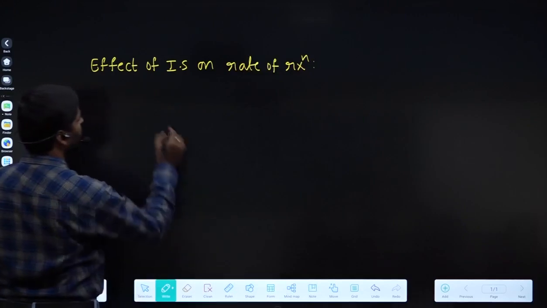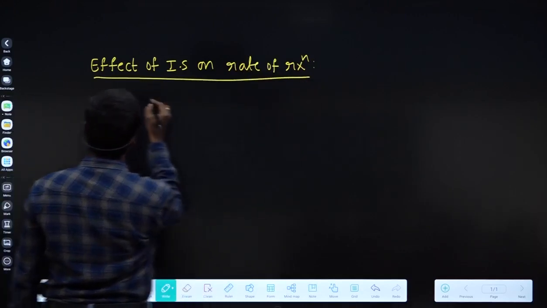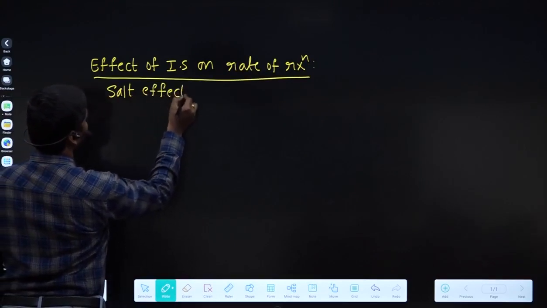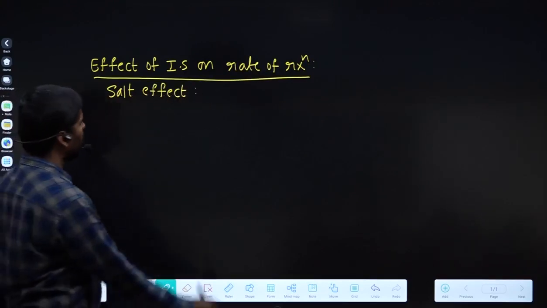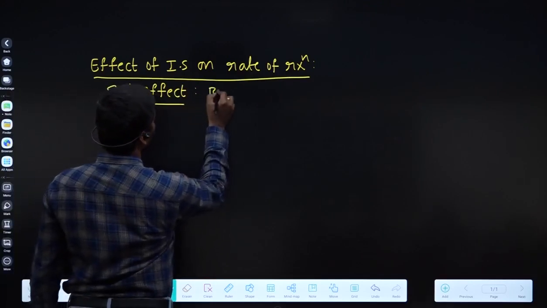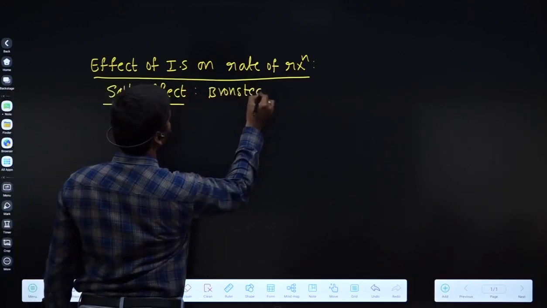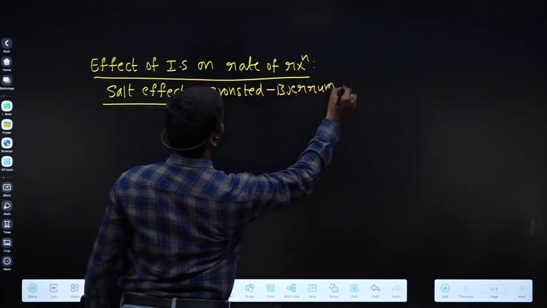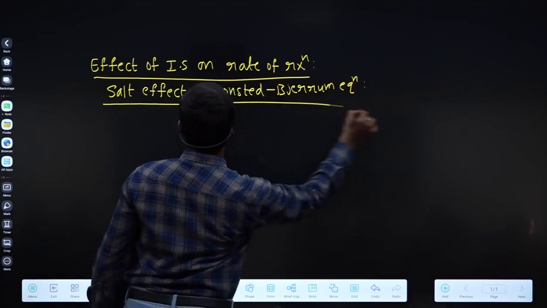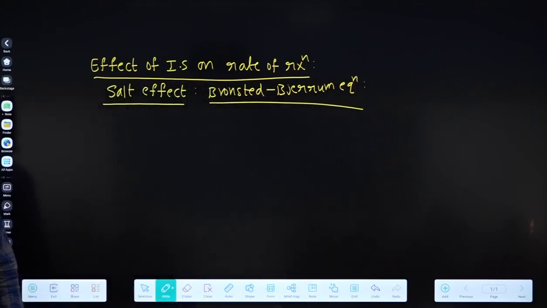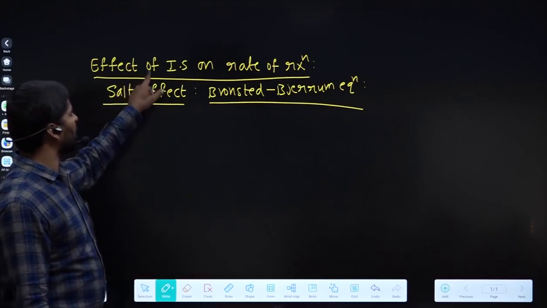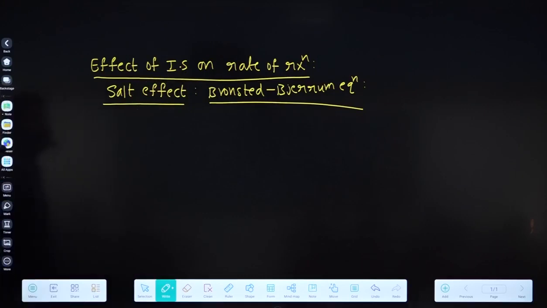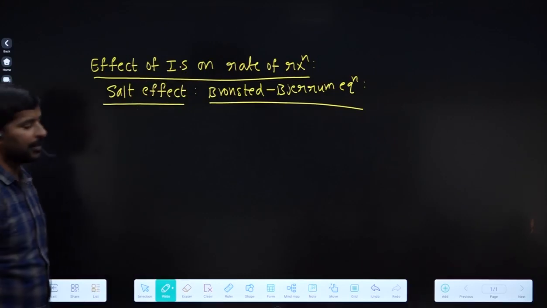This is also said to be salt effect. While we are discussing this, we introduce an equation called the Bronsted-Bjerrum equation. Based on the Bronsted-Bjerrum equation, we can explain the effect of ionic strength on rate of reaction. So that is also said to be salt effect.